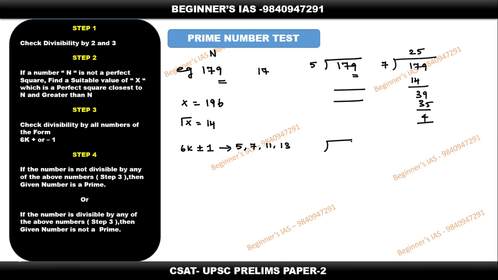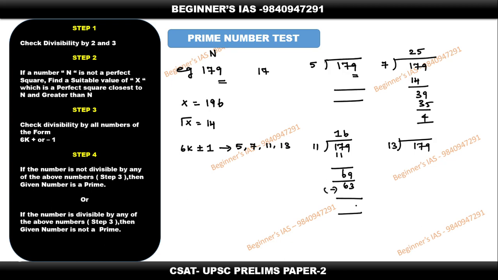Then move on with 11. This will also leave a remainder apart from 0. Then 179 with 13, if you want, you can check. 1 eleven is 11, then 6, 9. 6 elevens are 66.